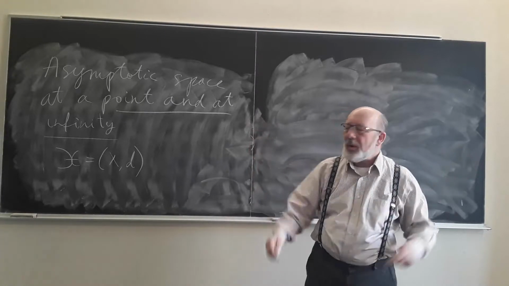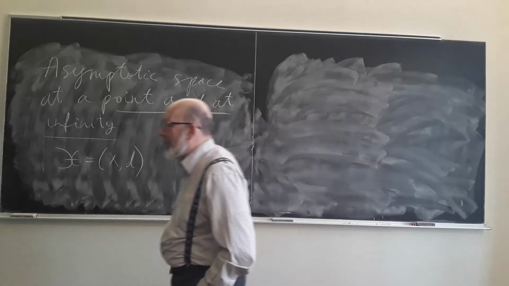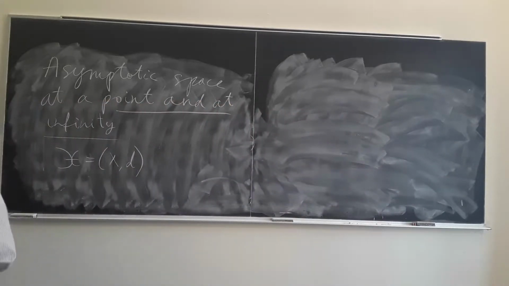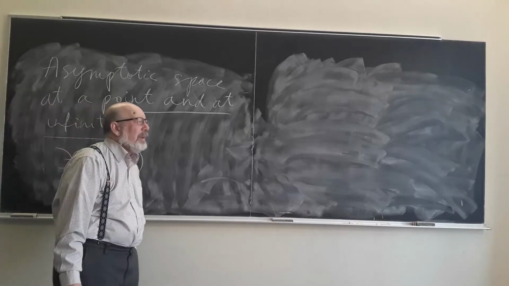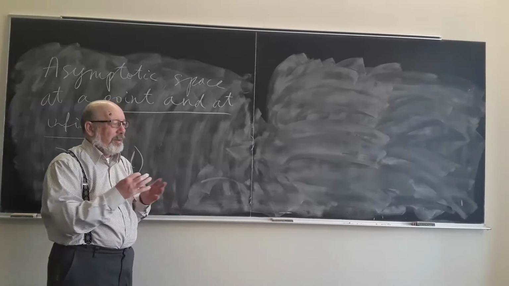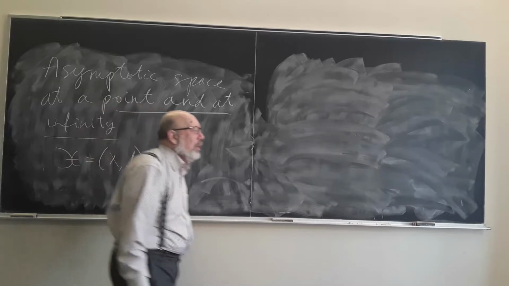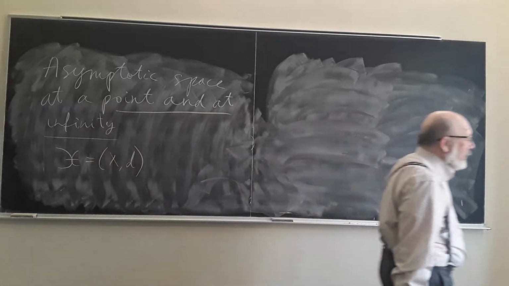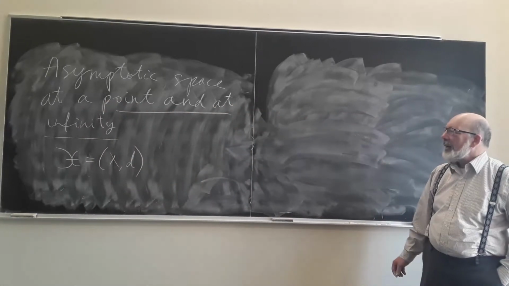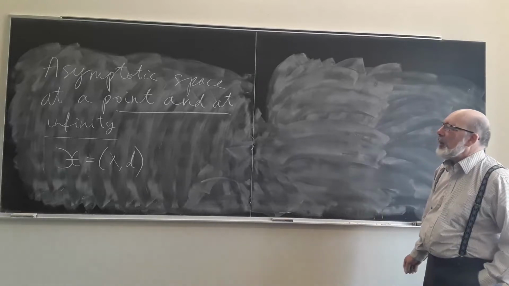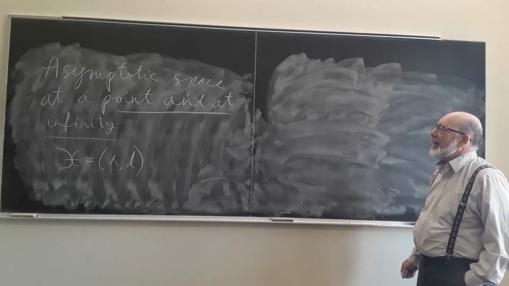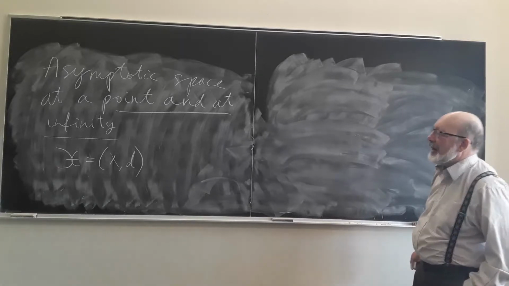Now, if the space is unbounded, then the second question, how does it look at infinity? And if it is bounded, then we can ask how it is organized at a point. These are two related questions. So how can we try to concretize this question?